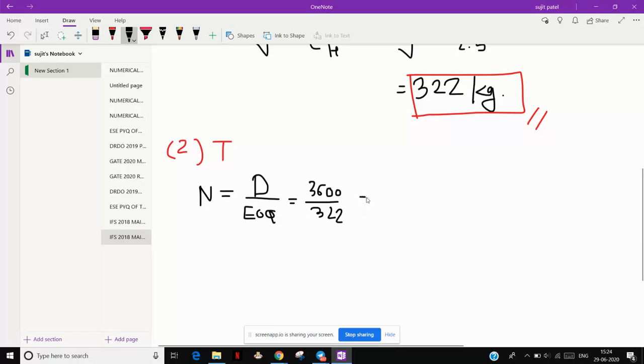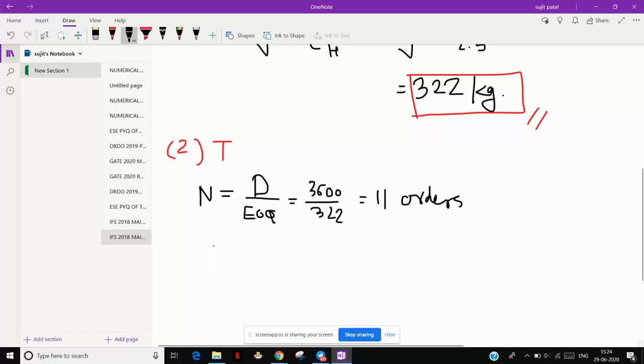To meet this 3600 kg of raw material, we divide by 322 and find 11 point something, but it is 11, because it is very small, 11.01. So it is 11 orders per year.